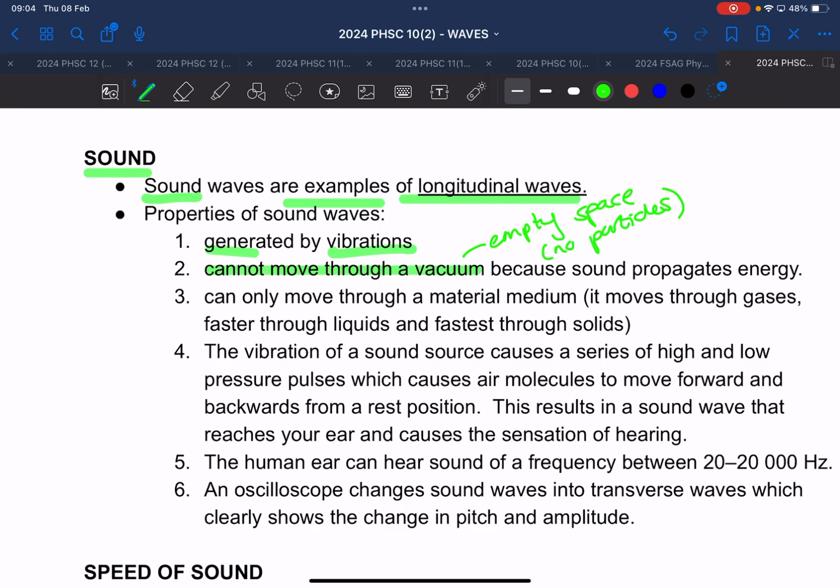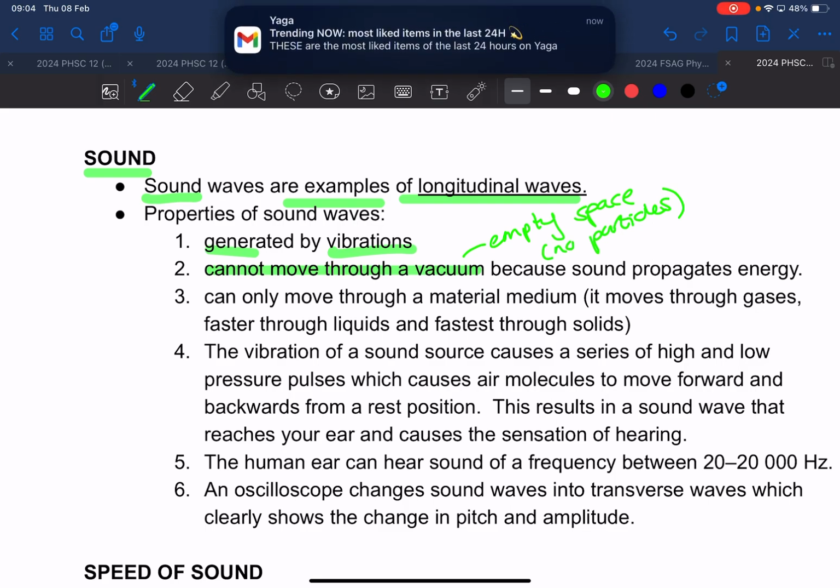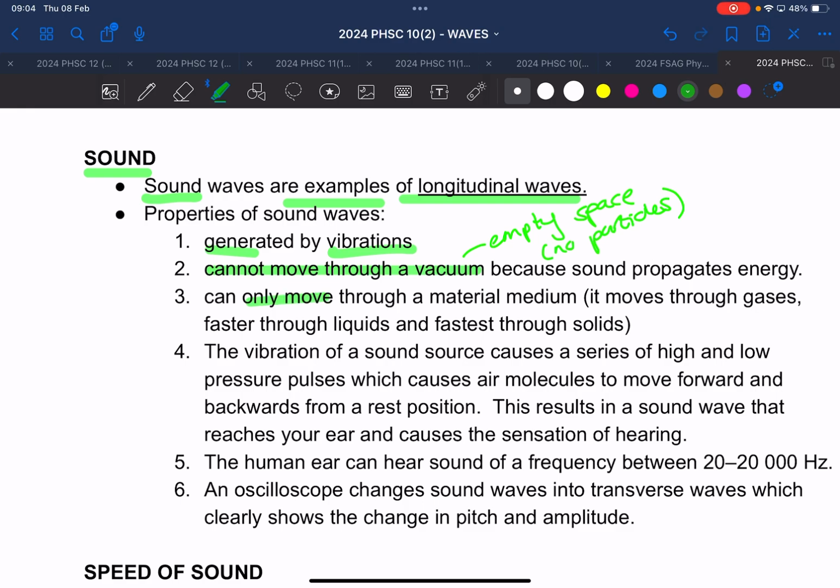That's what I said: if you are in space and you try to scream, you won't even hear yourself, because there are no particles to transfer the energy. It can only move through a material medium, meaning gases, liquids, solids.